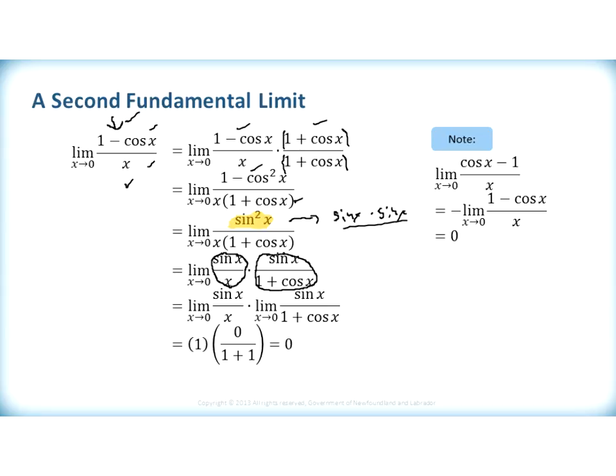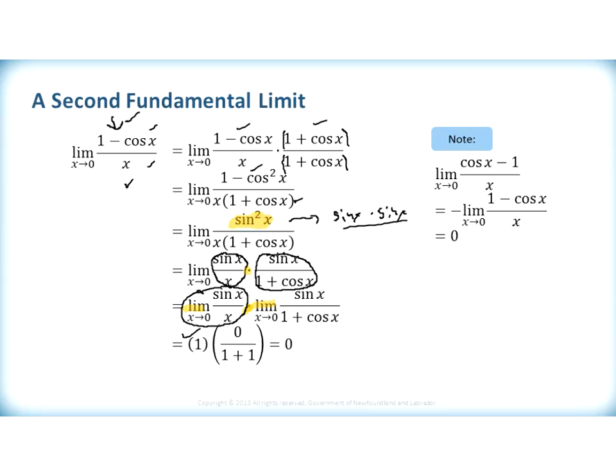Then we're going to employ a limit law, which says that if I have a limit of a product, that is the product of the limits. So the product of the limits here is going to be the limit as x approaches 0 of sine of x over x, and the limit as x approaches 0 of sine x over 1 plus cosine x. This guy on the left, we've already figured out that this limit is equal to 1.